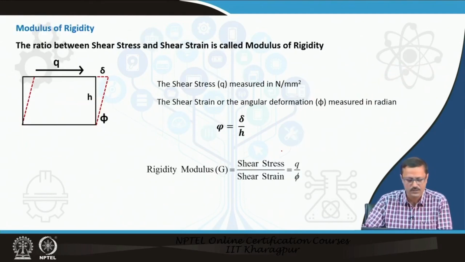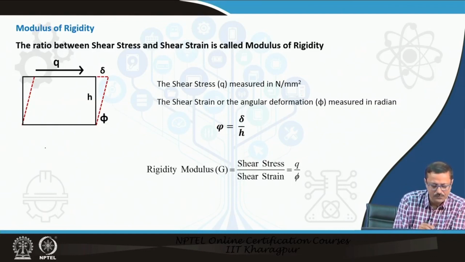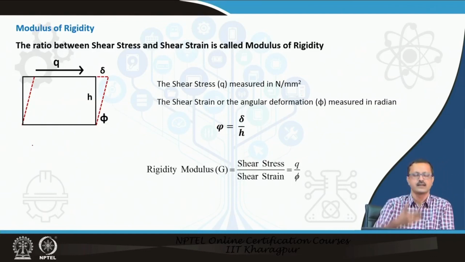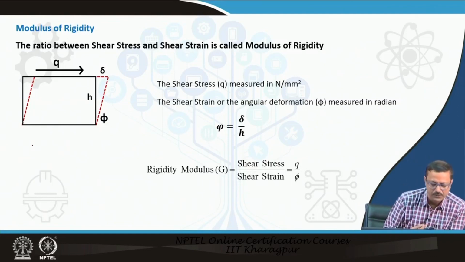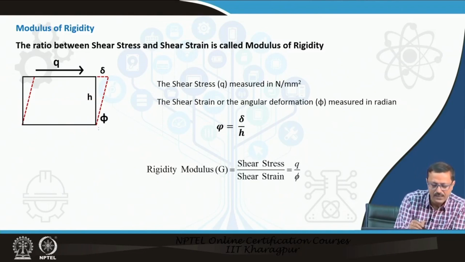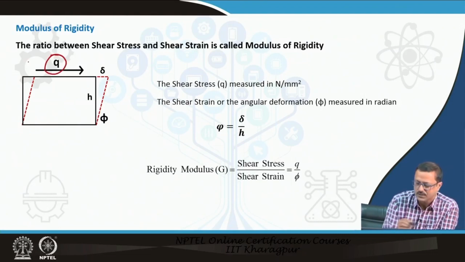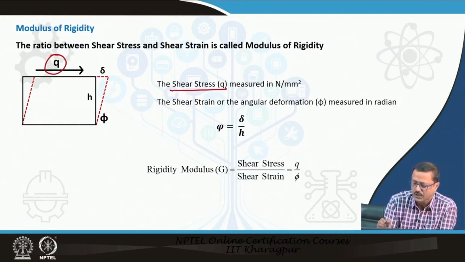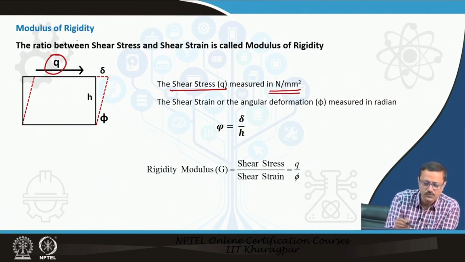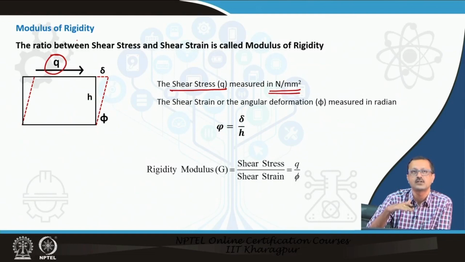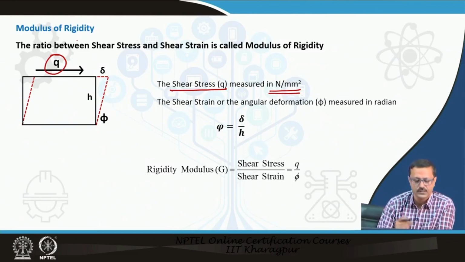What I have drawn here is the one-sided sectional view of that block, which has a height h, under a shear stress q, which can be found in Newton per millimeter squared. If you know the total surface area and the amount of shear force provided on that surface, you can find the stress: force divided by surface area.